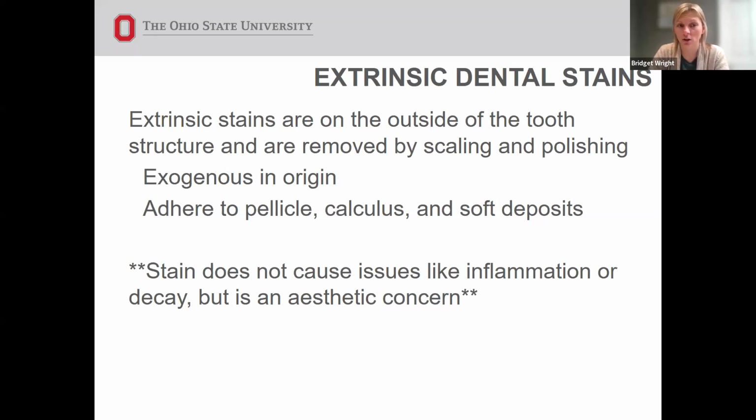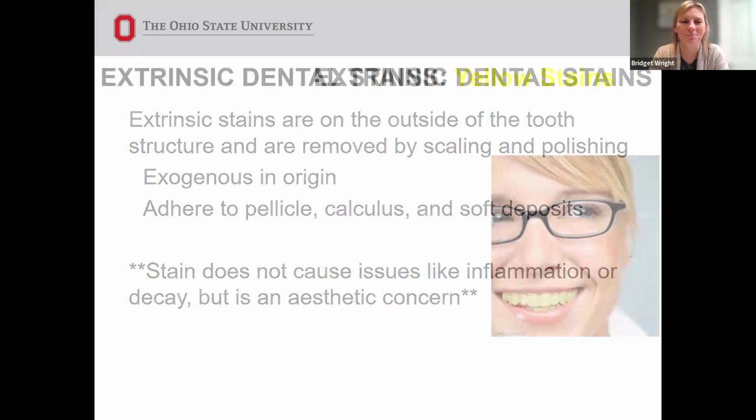Exogenous in origin, X meaning outside, so they adhere to the pellicle, that thin filmy deposit, the calculus, that hard mineralized deposit, or soft deposits like the plaque and the materia alba. Again, stains don't cause inflammation or decay. It's just an aesthetic concern. The stains themselves are not going to cause the disease, okay? But we want to make our patients happy.